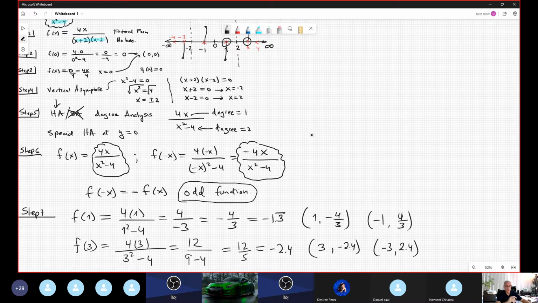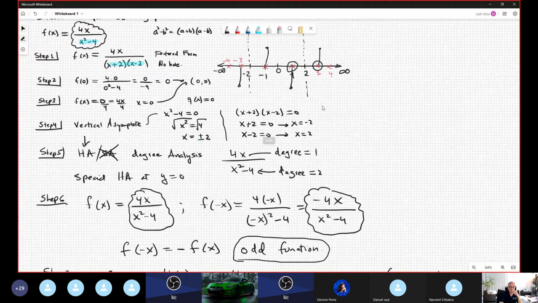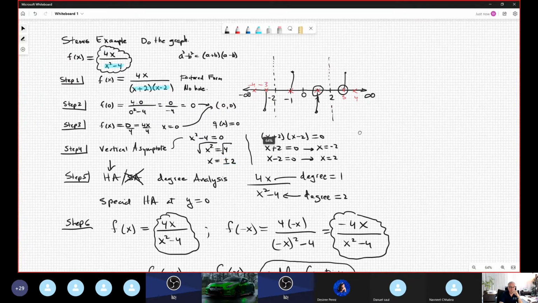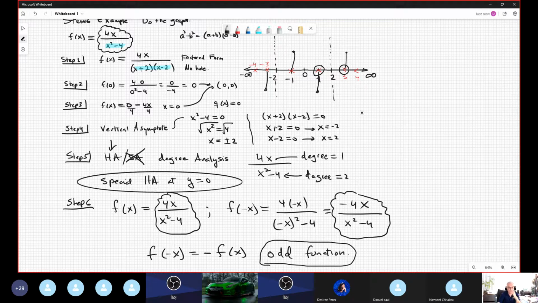One thing I forgot, and this is important. I have practiced, however, I forgot something. Remember, in step 5, when you were checking the horizontal asymptote, I need to verify whether my curve crosses the horizontal asymptote or not.